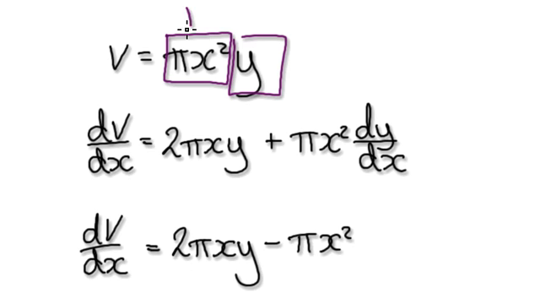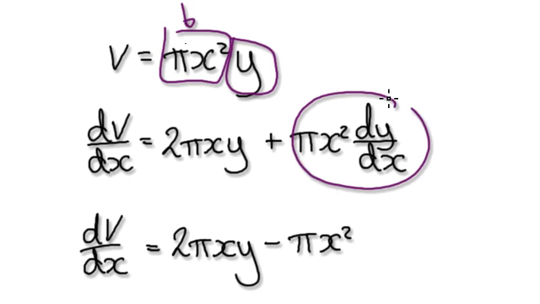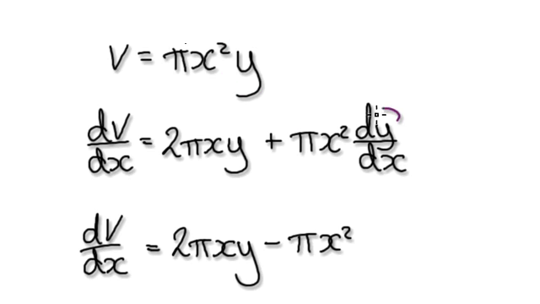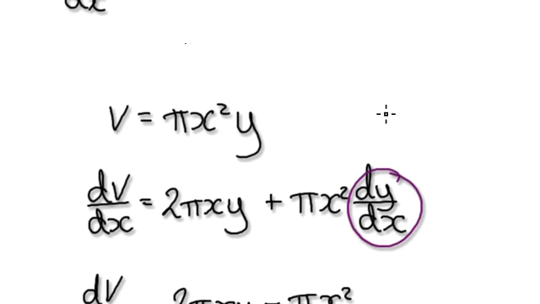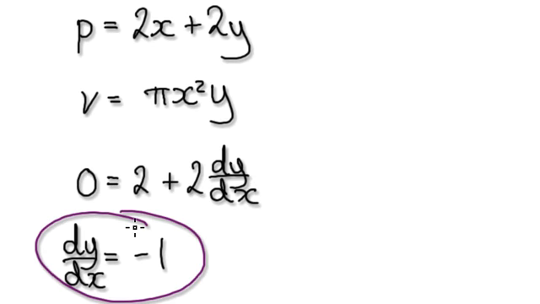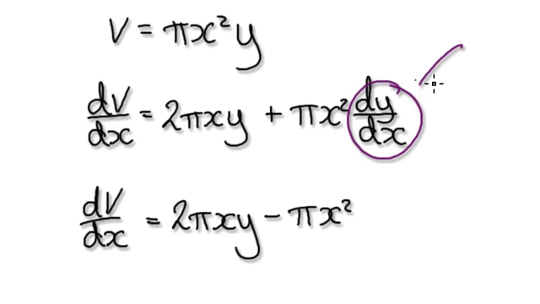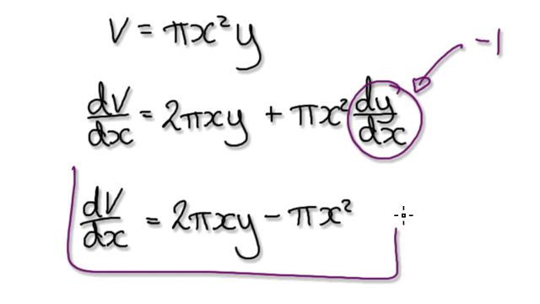Differentiate this, leave this the same, and that will give you this. Then leave this the same, and differentiate this. That will give you this. And earlier, remember, dy by dx equals -1, so you can put -1 in here. That will then give you this.